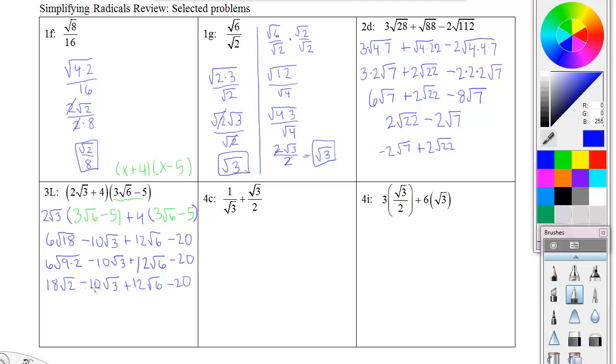Now nothing here combines because none of these terms are like terms with any of the others. The radicand part has to match or you cannot combine like terms.